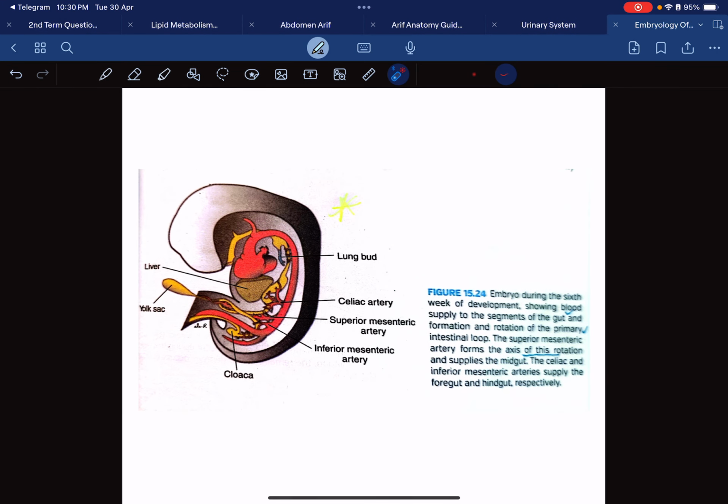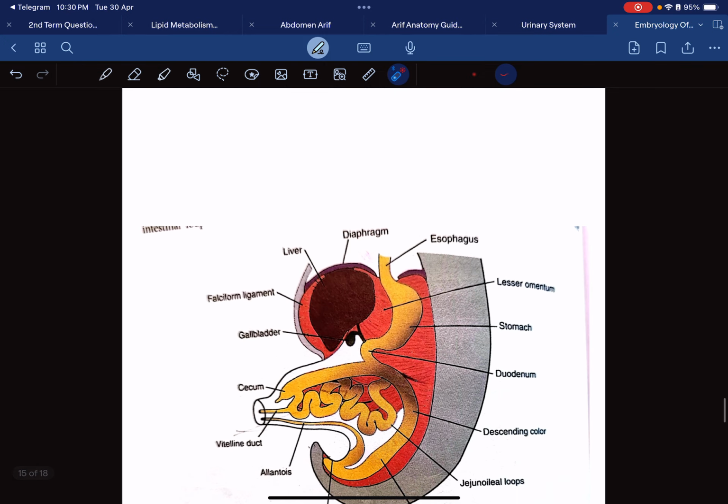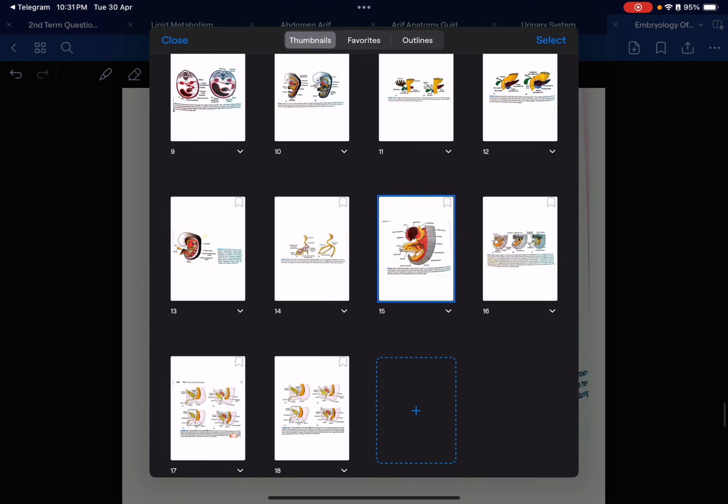Yes. The celiac artery supplies the foregut. The superior mesenteric artery supplies the midgut. The inferior mesenteric artery supplies the hindgut up to the anal canal above the pectinate line. Okay, pectinate line.